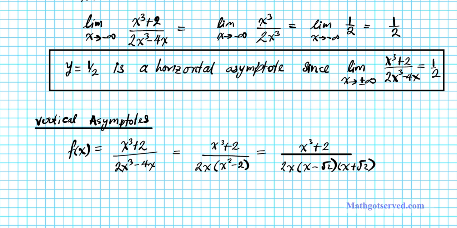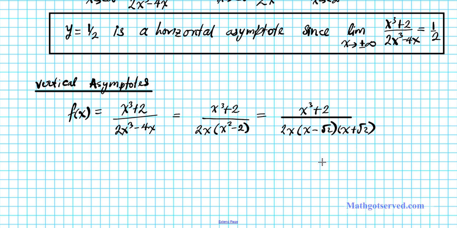Okay, so if you notice, we do not have any removable discontinuities here, nothing common in the numerator and the denominator that can be cancelled out. So now any x value that makes the denominator 0 will be an infinite discontinuity or a vertical asymptote.